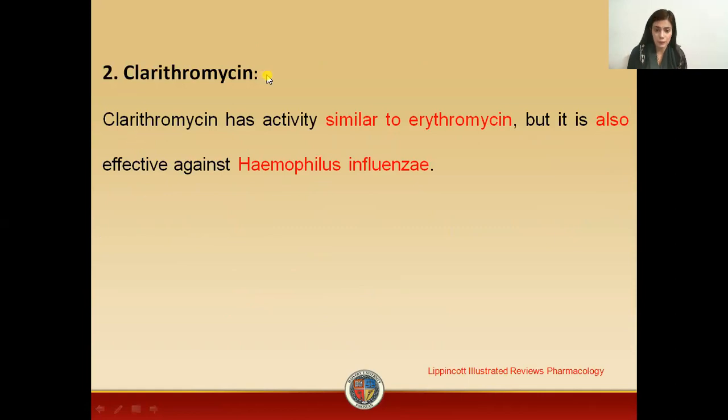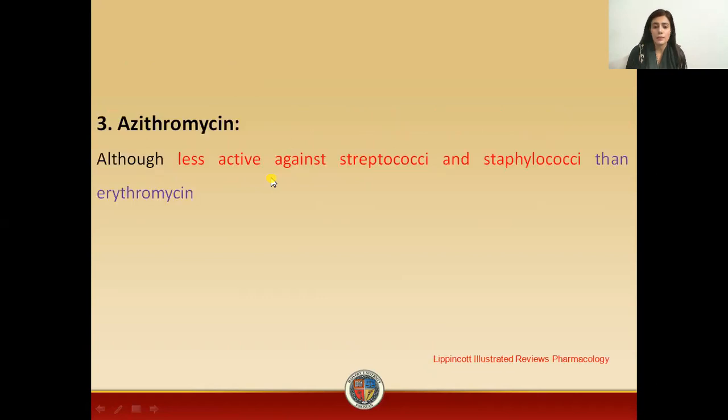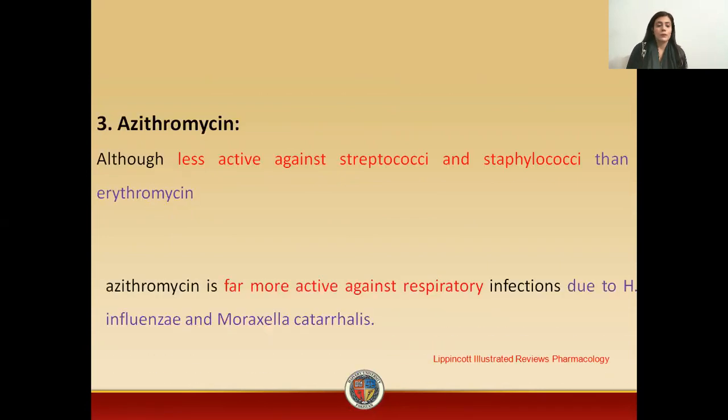Coming towards the clarithromycin, it has the same activity as that of the erythromycin, and it is active against the Haemophilus influenzae as well. Now, coming towards the azithromycin, it is less active against the streptococci and staphylococci as compared to erythromycin. However, it is more active against the respiratory infection due to Haemophilus influenzae and Moraxella.